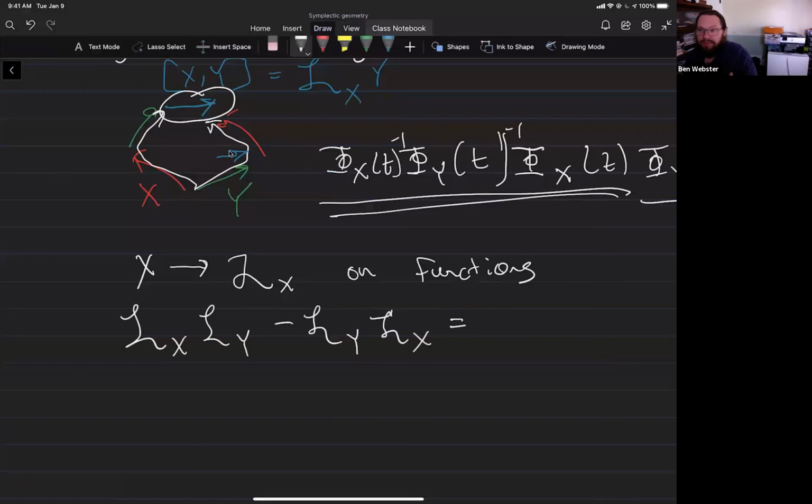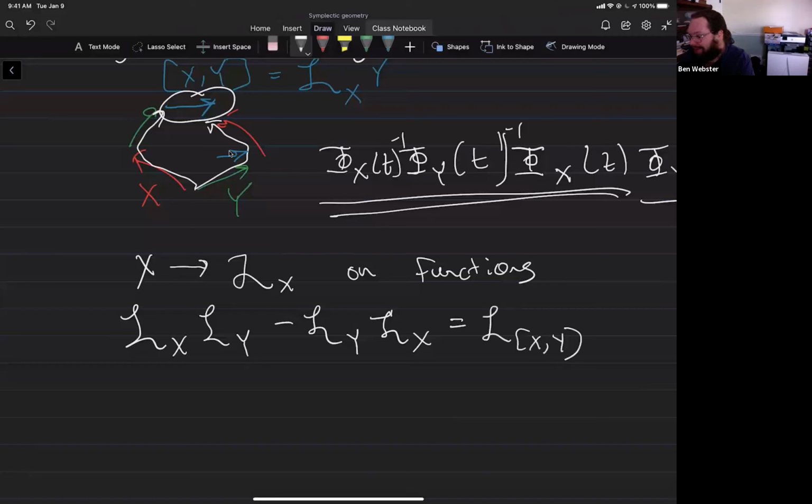So you can define a vector field as basically an operation on functions that looks like a directional derivative, satisfies the Leibniz rule. And you can check that this left-hand side satisfies the Leibniz rule, so it gives you a vector field. And we name that vector field the Lie bracket of X and Y.